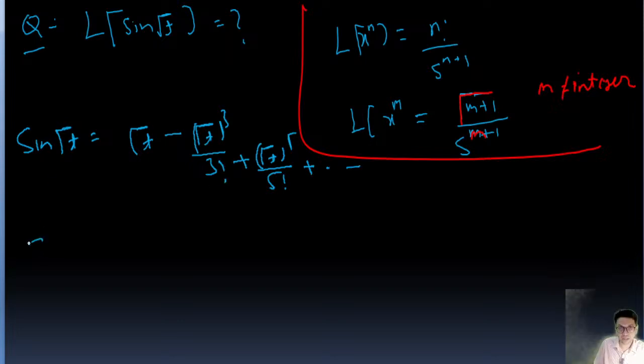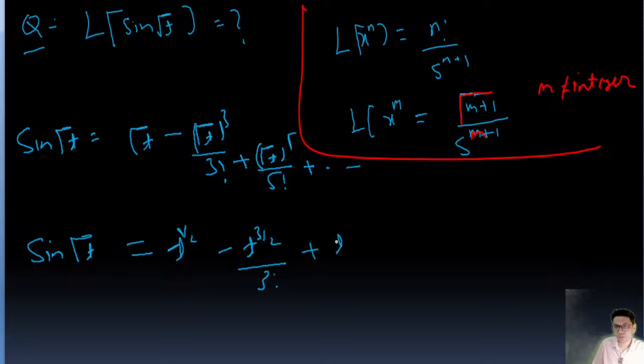So we can write sin root t, a very important question, as t to the power half minus t to the power 3 by 2 upon 3 factorial plus t to the power 5 by 2 upon 5 factorial plus so on.